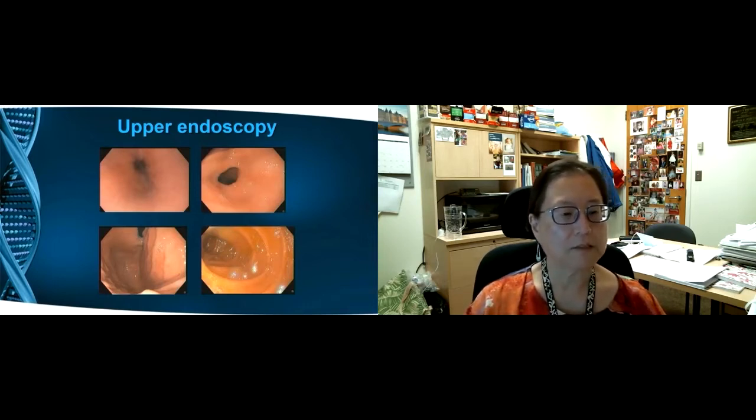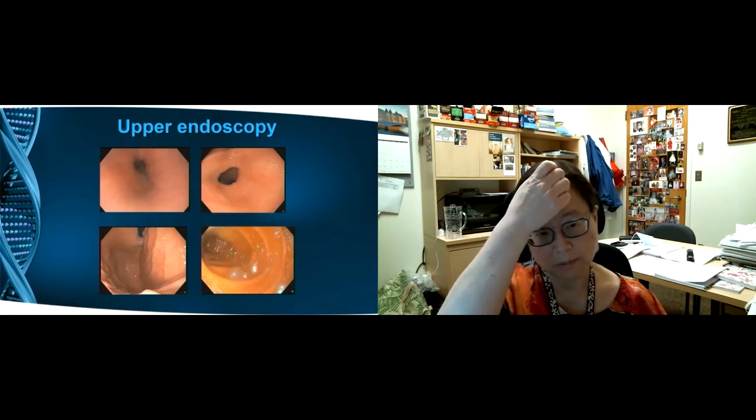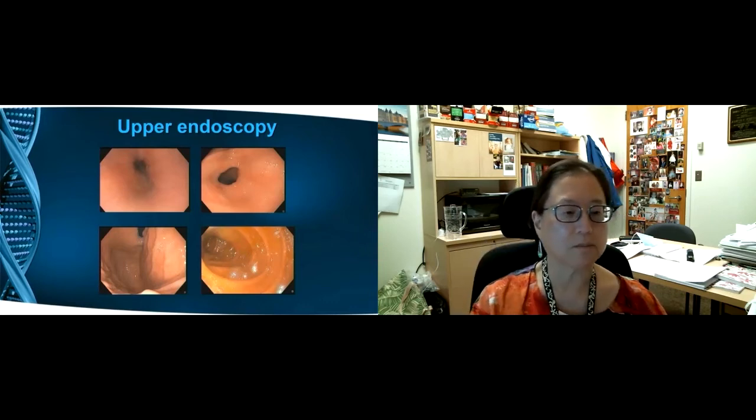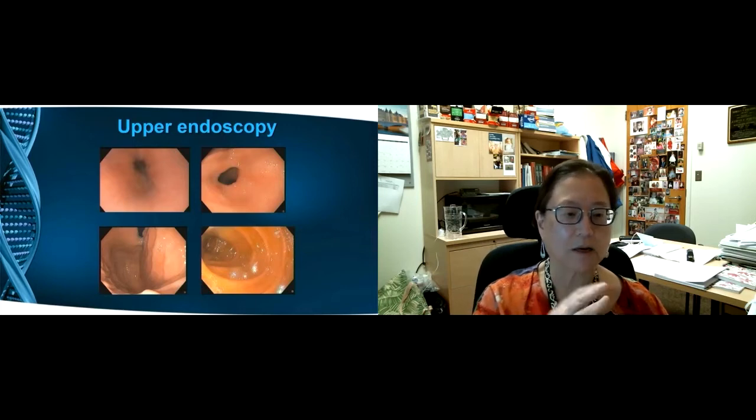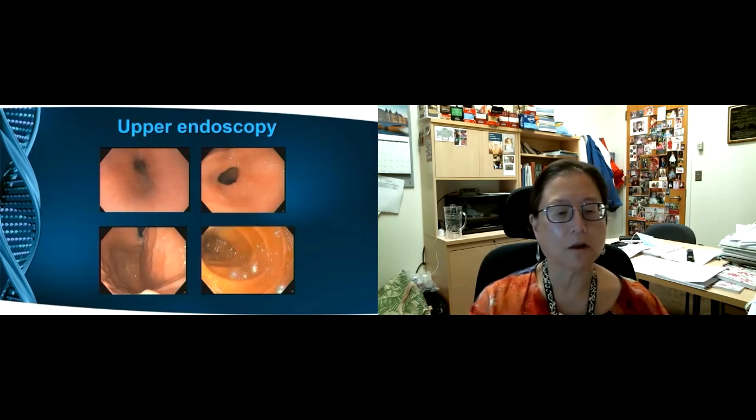The bottom left shows a picture where we look up at the top of the stomach, and that black structure in the middle is our scope coming from the esophagus into the stomach. So that area was normal. And the one on the lower right shows the duodenum, which also appeared grossly normal.